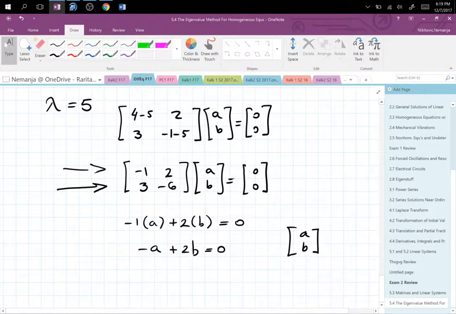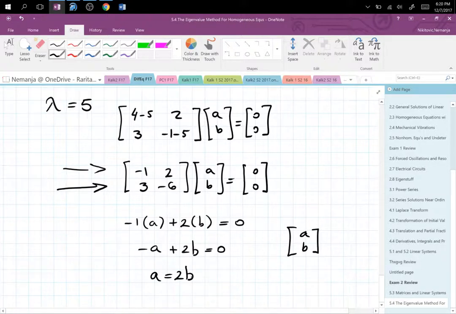Pick a value for either a or b. I don't care what you pick, and I don't care for which letter you pick that number. So you have over here that a is equal to 2b.